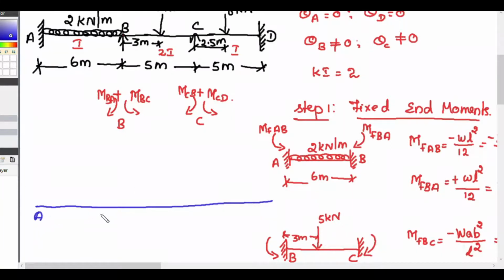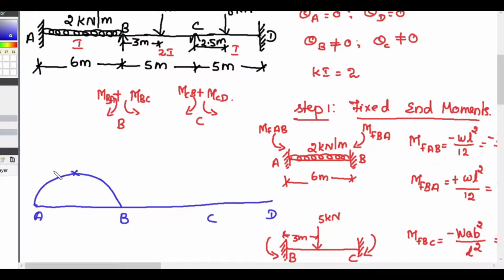this is A, B, C and D. So span AB has a UDL. Here the bending moment is WL square by 8. We know how to draw the free bending moment diagrams. We have already studied this earlier, right?